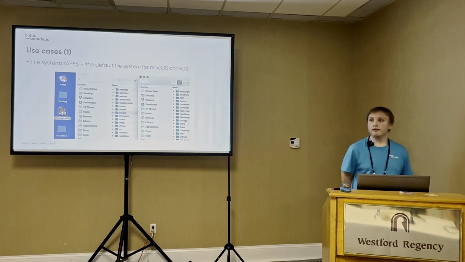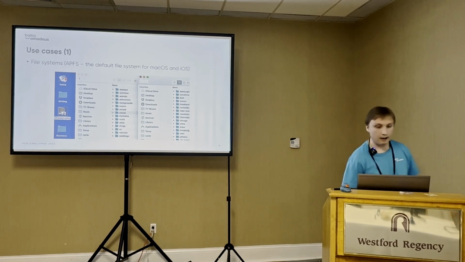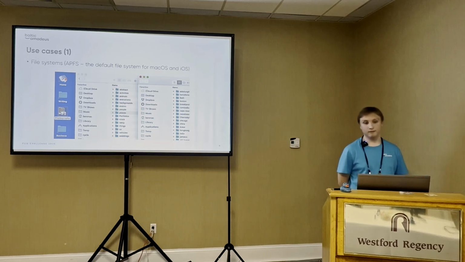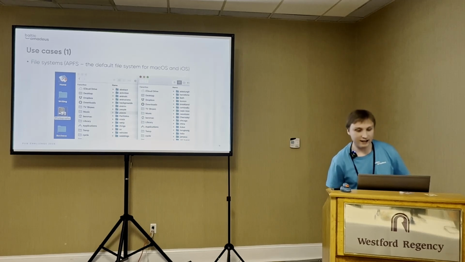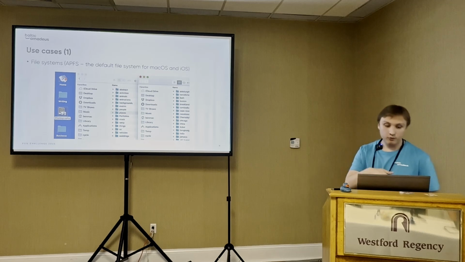And the first key use of B trees is in the APFS, which is the file system used by Apple. So this little company, they use it quite extensively in both macOS and iOS. And basically, if you've ever flipped through an iPhone or searched for a file in a Mac, you've used a B tree.